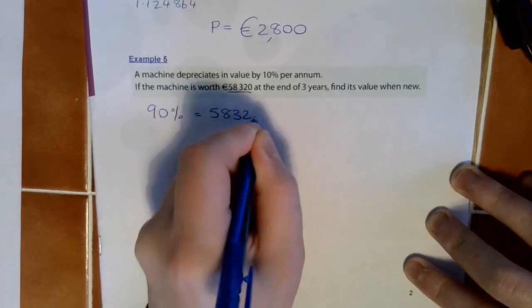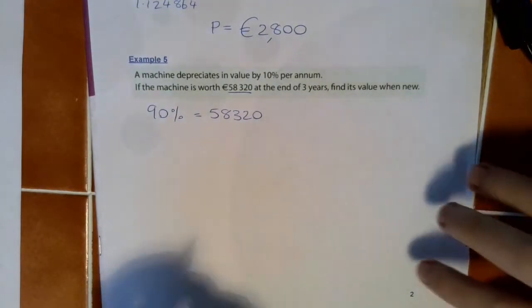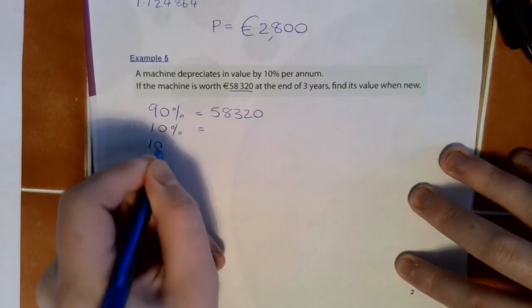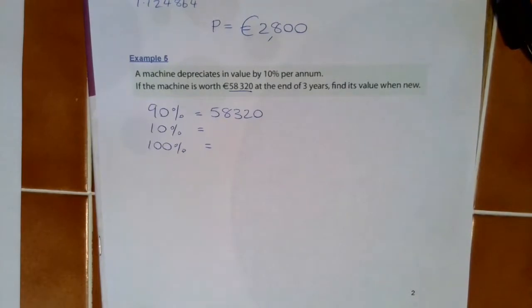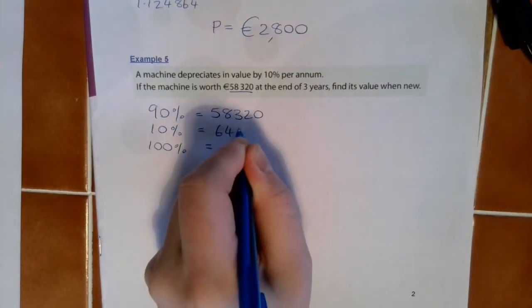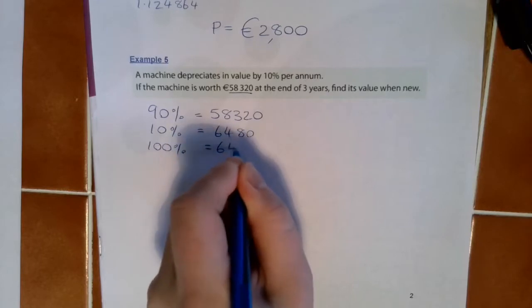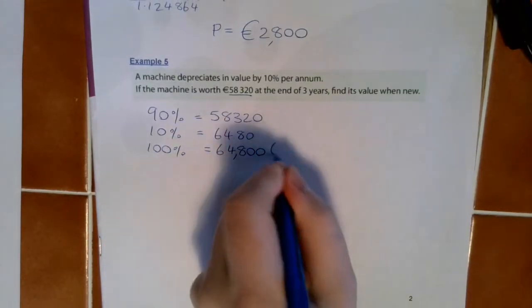So to find what it will be worth at the end of the second year, we need to find what 100% is. Easiest way, find 10% and then find what 100% is from that. So you're going to get this sum of money, and you're going to divide it by 9, and you're going to multiply by 10, so it's 6,480, and then multiply by 10, so it's €64,800 at the end of year 2.